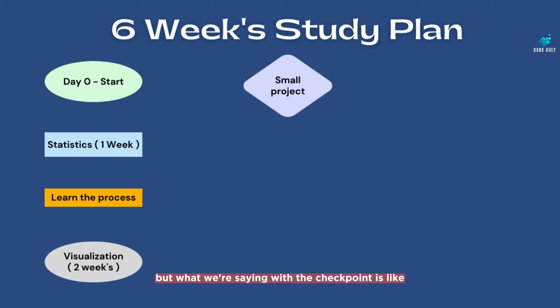But with the checkpoint, try to attempt your first data science project using visualization techniques that you learn in those 10 days, and you will see that it is not as difficult as you think. You might not be able to complete the project end to end, not yet, but you'll already be able to get some insights and valuable information from the data.